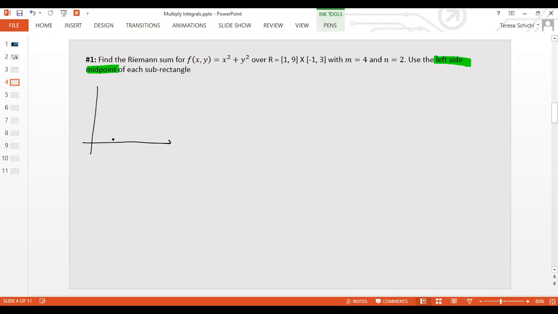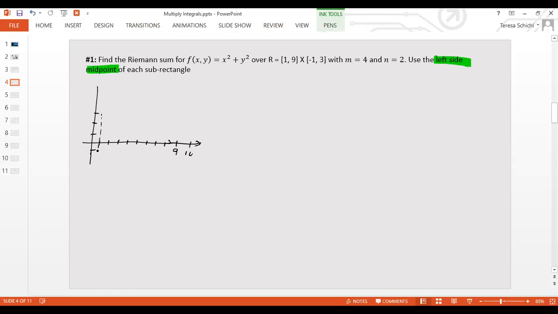write it. So it's 1, 2, 3, 4, 5, 6, 7, 8, 9. This is 9 and this is 10. So this is 1, 2, 3 and negative 1. The first thing is let's graph the region, from 1 to 9 and negative 1 to 3.